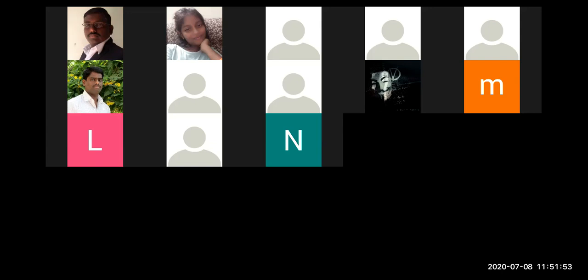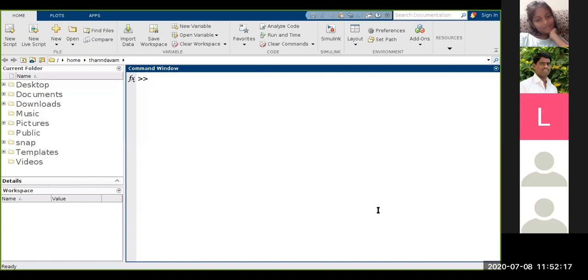Just give me a second, I'm trying to open MATLAB. Okay, so now, share. Is everybody able to see the MATLAB? Are you able to see the MATLAB version? Yes, sir.